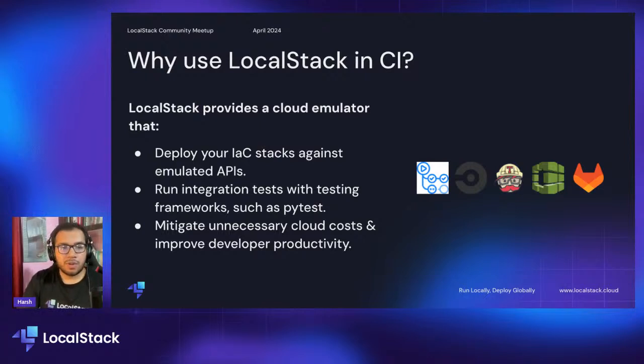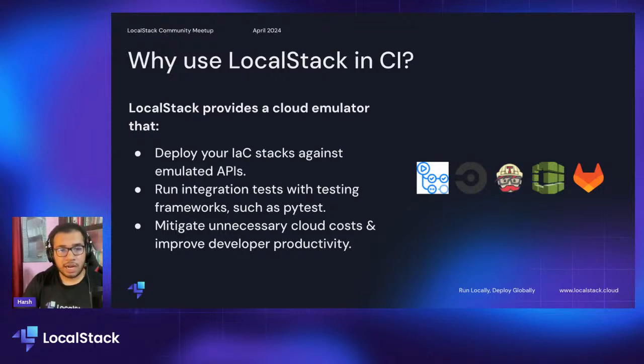The good part about LocalStack is that just like how you develop and test your applications locally, you can use your continuous integration pipeline as the single source of truth, where you push a commit onto your remote repository, and that triggers a workflow against which your AWS applications are deployed over a cloud emulator, and you get a quick validation about whether everything is working or not.